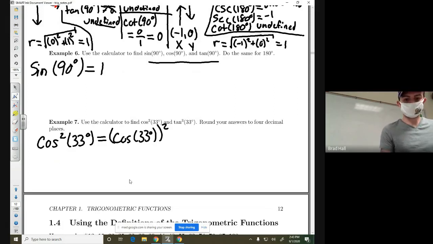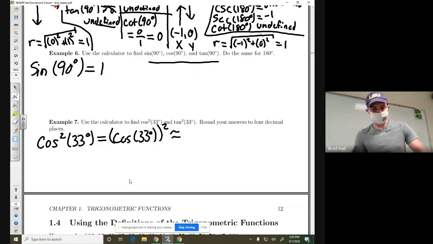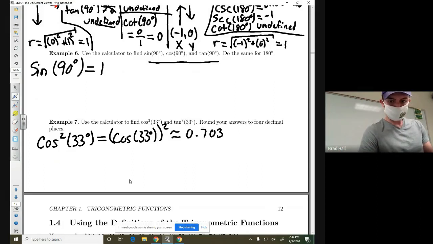And if you do that correctly, and you can put in the parentheses as I have them here, it'll work out just fine. If you do all of that correctly, and you're in degree mode, 4 decimal places, 0.7034.